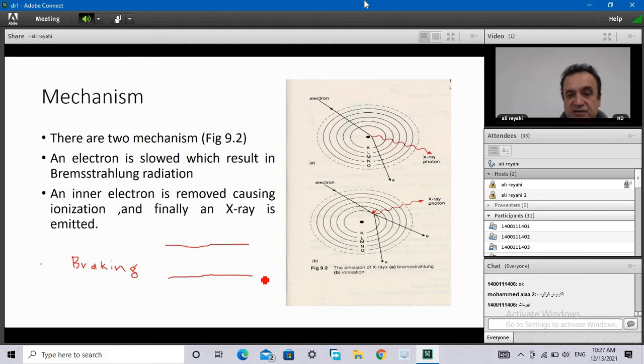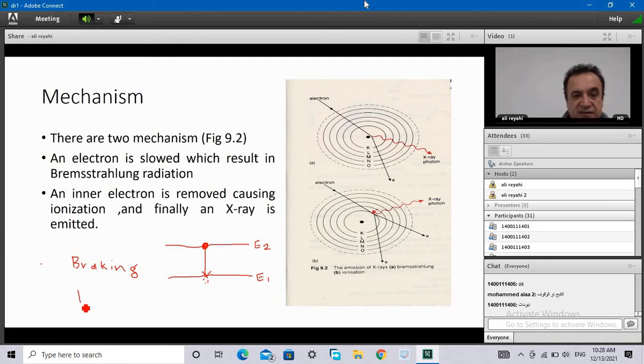If the binding energy of an electron of this layer is E1, and the binding energy of this layer is E2, and an electron comes from the E2 layer to the E1 layer, okay, a photon is emitted.